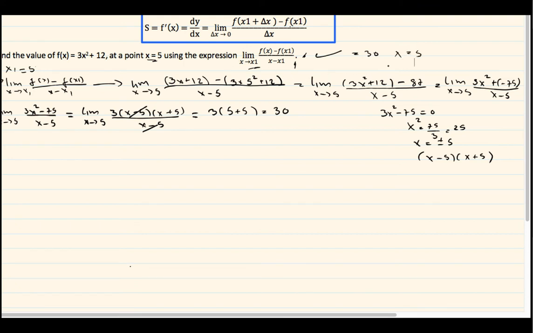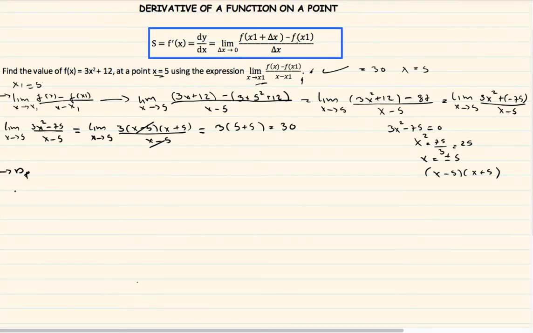So this expression gives us 30 as the value of this limit at the point x is equal to 5. Now if we apply the definition of derivative, we have the limit when delta x tends to 0 of f of x1 plus delta x minus f of x1, all of this divided by delta x.